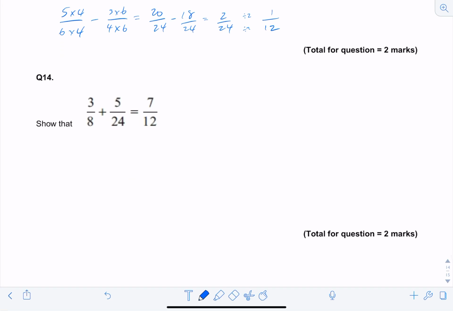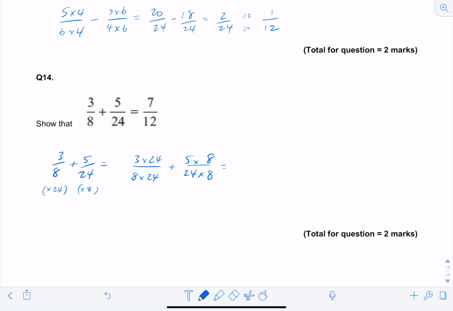Question 14. More show that's. Okay. Same thing. 3 over 8 plus 5 over 24. I'm going to times this one by 24, and I'm going to times that one by 8. So I'm going to get 3 times 24 over 8 times 24 plus 5 times 8 over 24 times 8.